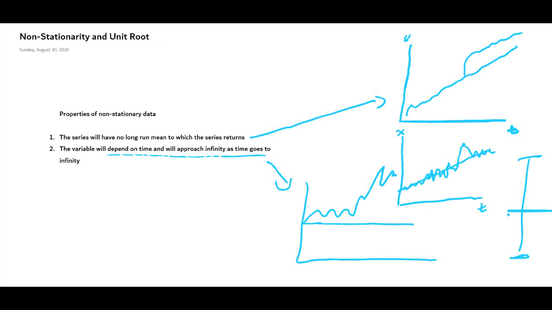If you remember those graphs, the correlogram dies out quickly for a stationary time series, but for a non-stationary time series, it continues and does not die over the passage of time.